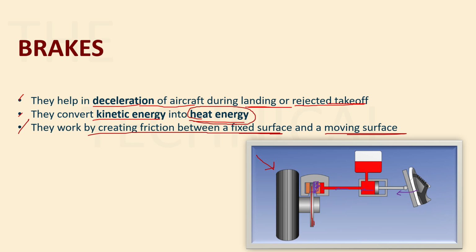So this friction will cause a lot of heat, and this will stop the aircraft. The kinetic energy from this wheel is being transmitted and converted into heat energy, and that is how you stop the aircraft. So this is how the brakes work, by creating friction between a fixed surface and a moving surface. The fixed surface here is your friction pads, and the moving surface is your rotating metal disc, right?